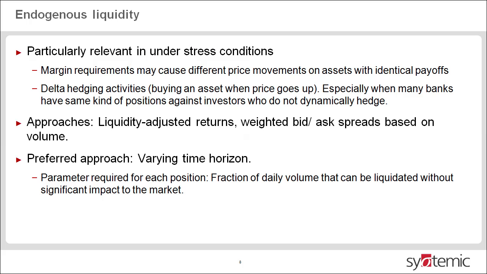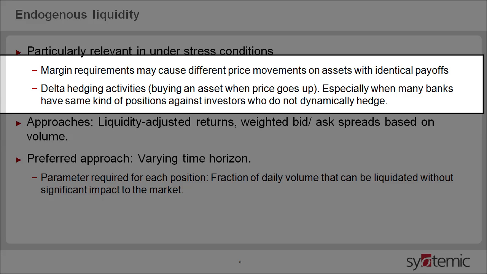Besides typical variations of the bid-offer spreads explained before, there are other causes that may cause anomalies in the prices of various securities. One of these causes is the margin requirements, where different margin requirements on different securities, increasing or decreasing, may cause movements in price.